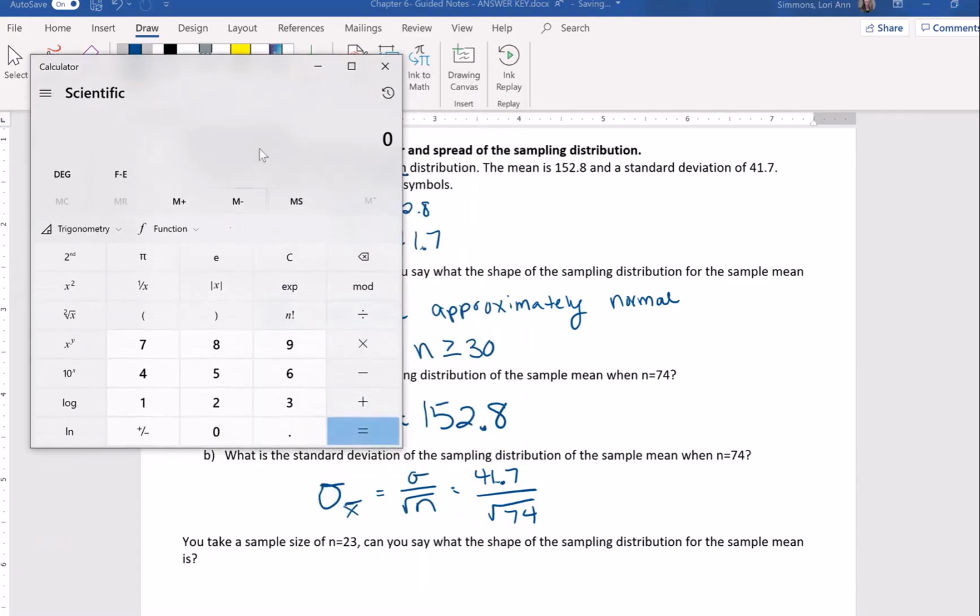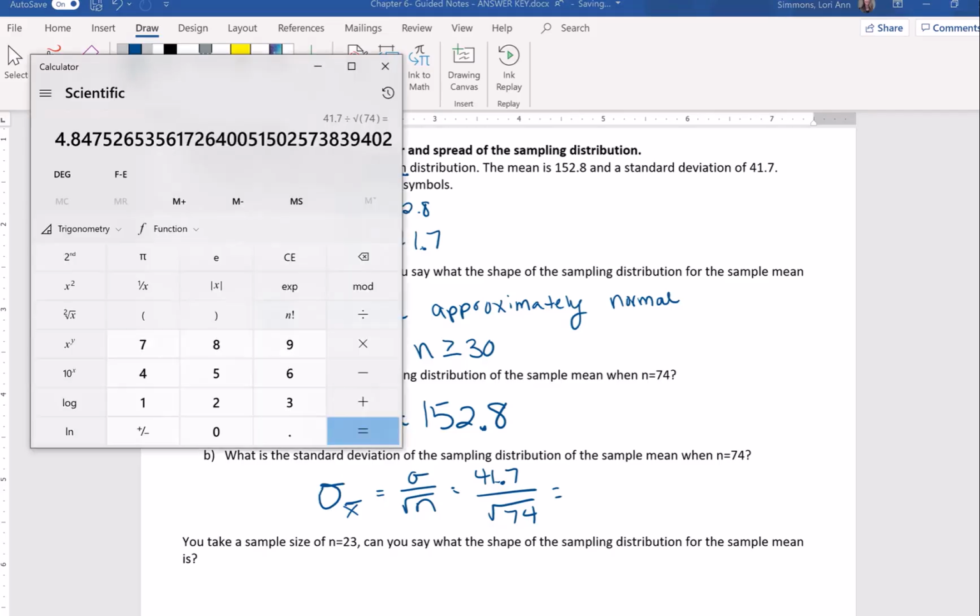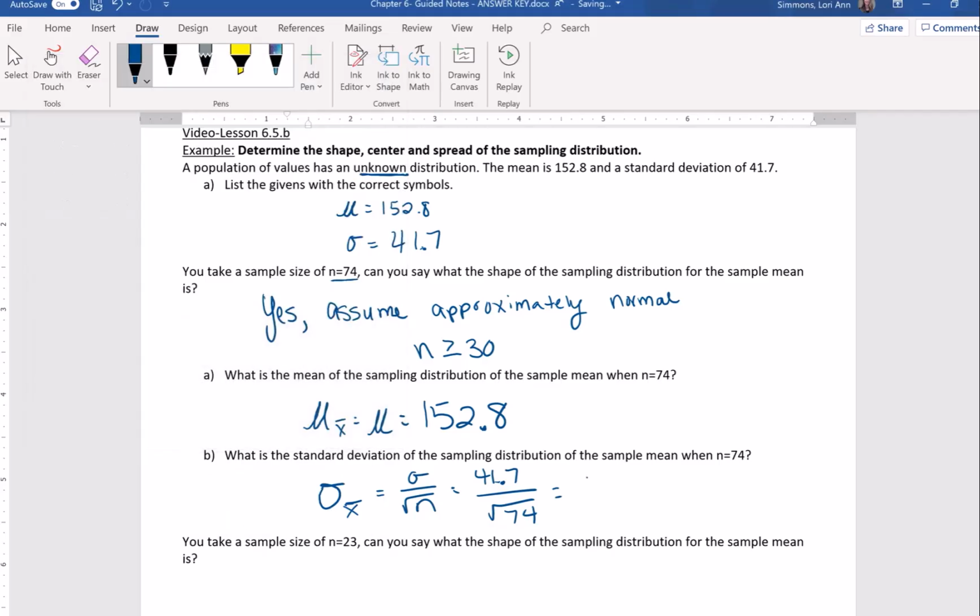Typically, you could just do a rounded answer, 41.7 divided by the square root of 74 equals, make sure you hit equals if you're using your online computer calculator, 4.85.